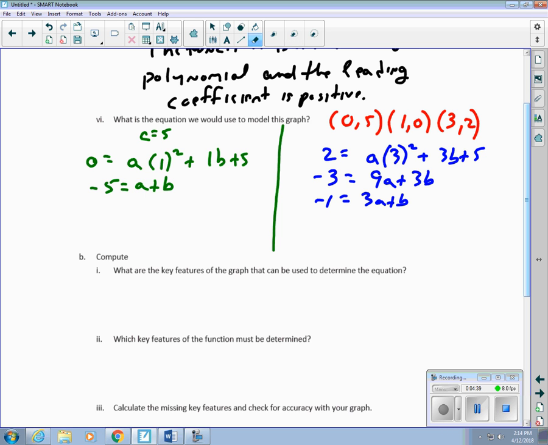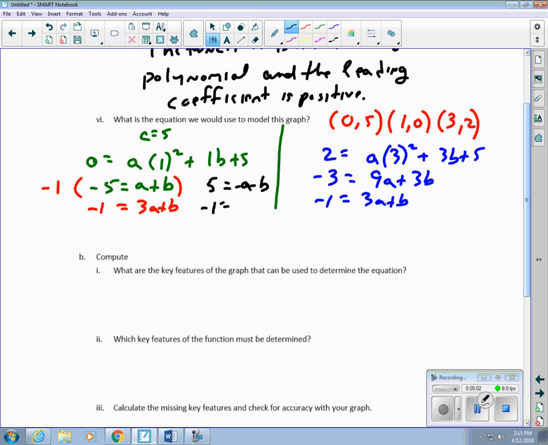So now I'm going to use those two equations and solve these simultaneous equations. I'm going to multiply the top one by negative 1, so that I get 5 equals negative a minus b, and negative 1 equals 3a plus b.